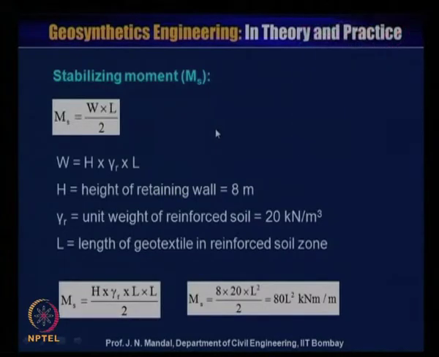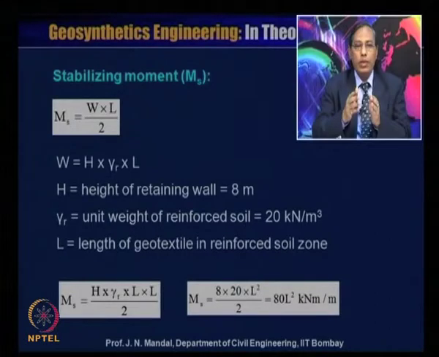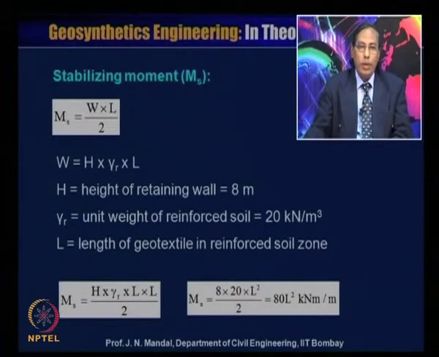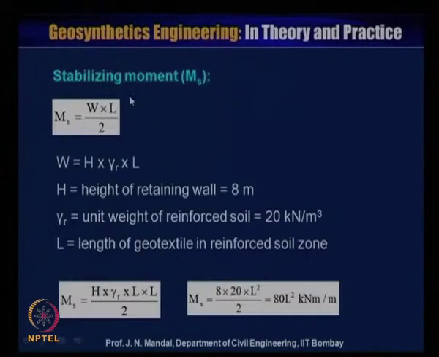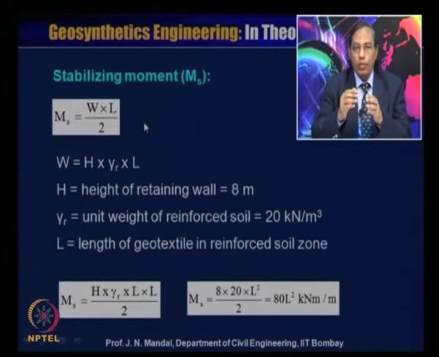So we need the stabilizing moment, designated as MS. MS is equal to W into L divided by 2, because this resisting moment acts at the middle of the wall. This is W and this is length L. Taking the moment at the toe, W into L by 2 is the stabilizing moment.